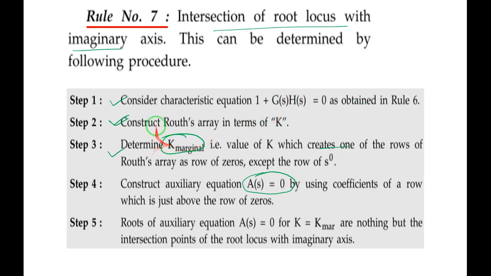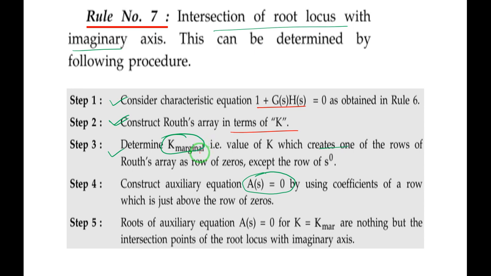First step is to consider the characteristic equation 1 plus g of s into h of s equal to 0. Then construct the root array in terms of k and determine the marginal value of k. Marginal value of k means one entire row should become 0. If the entire row becomes 0, it is an indication of the presence of a pair of symmetrically located roots.